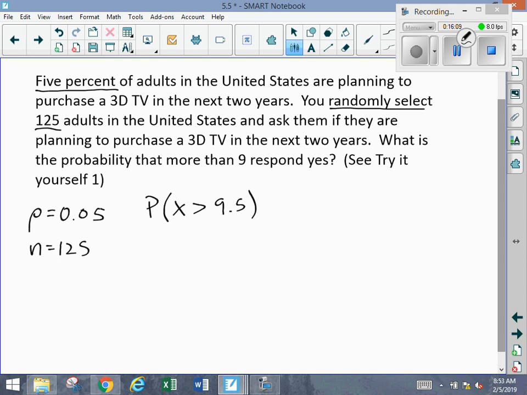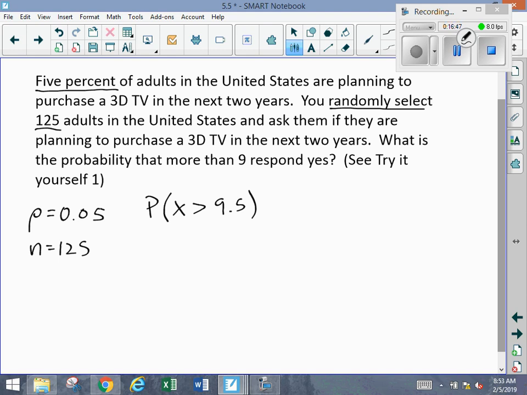Yeah, on average, but what it's doing is just making it so that our normal distribution is a little wiser. It gives us a higher margin of error. Yeah, you're right, it doesn't make sense for 9.5 people to say yes, but mathematically it helps us find a more accurate probability.